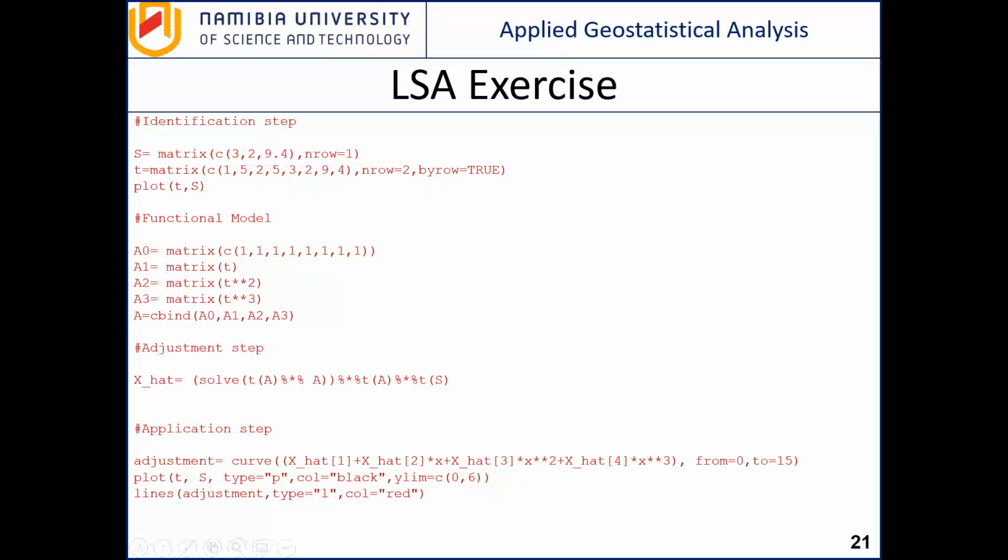So the first step is the identification step. Basically, we build our matrix of the observations, the matrix S, and the corresponding times. Remember the exercise 1 of least square adjustment, or exercise 2.